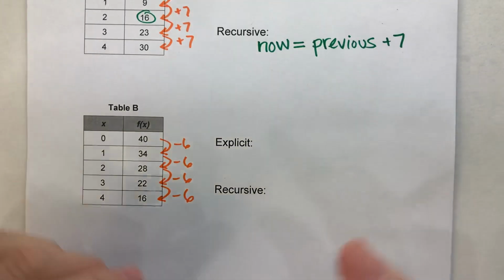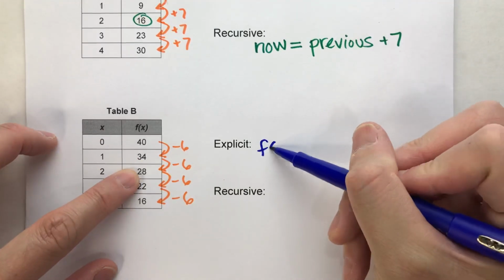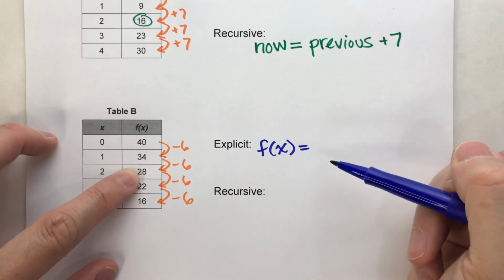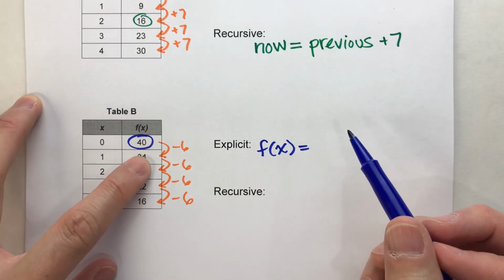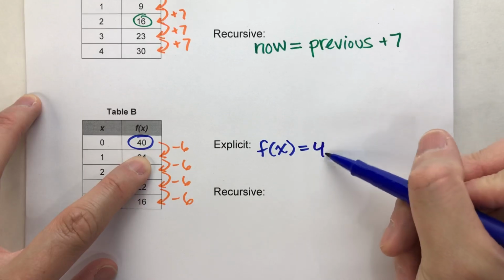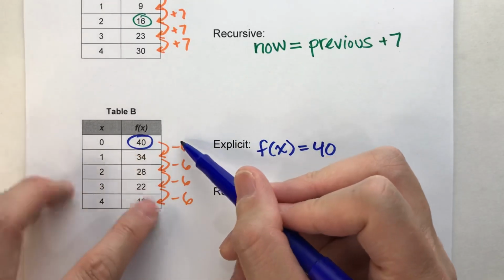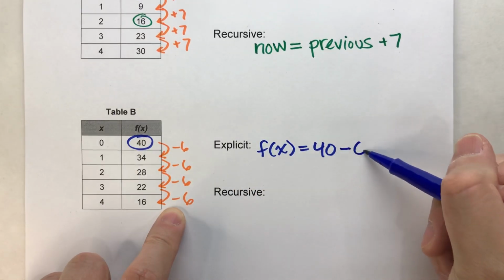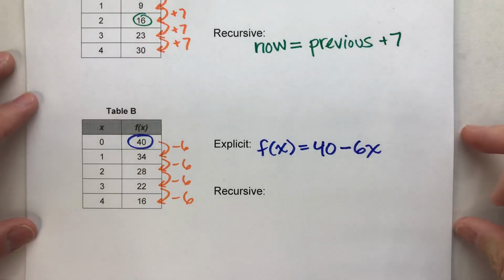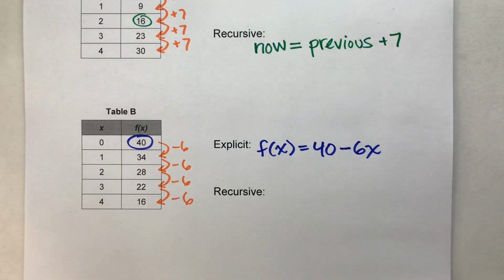So let's start with our explicit equation. We're trying to find f of x. So f of x is equal to, now when x is 0, f of x is 40, so that's our starting value. And we're repeatedly subtracting 6, so we're going to minus 6x. There's your explicit equation.